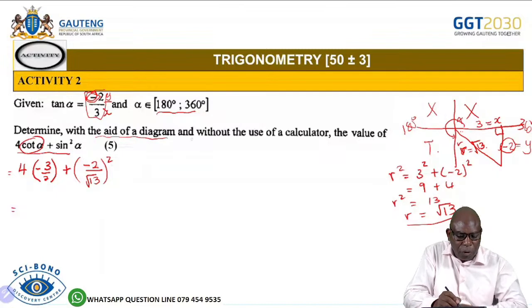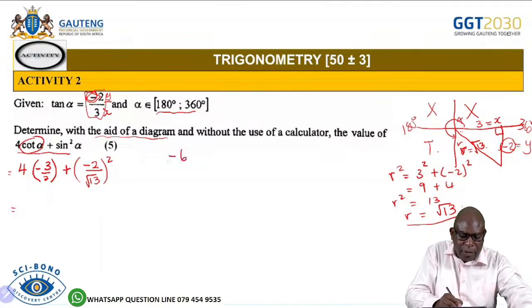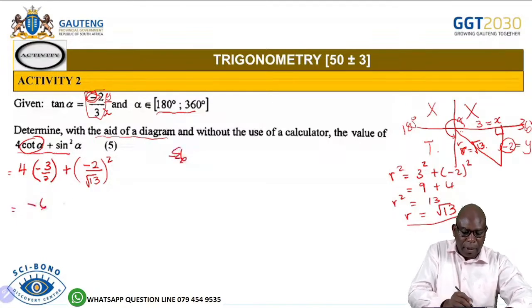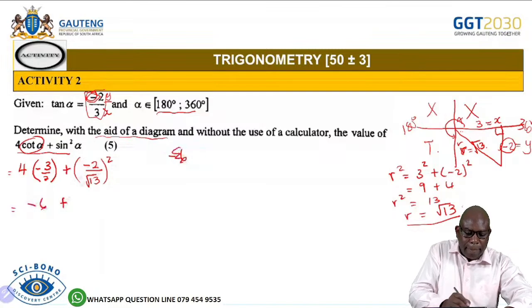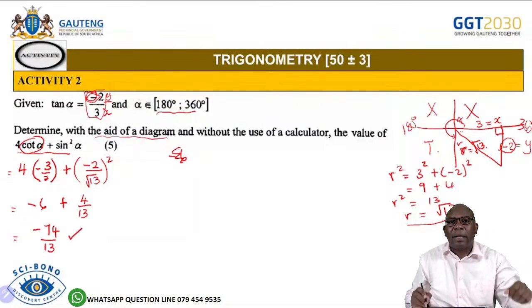Right. So now I'm going to get minus 6. Then if I multiply this out, I'm going to get negative 74 over 13. And I leave my answer like that.